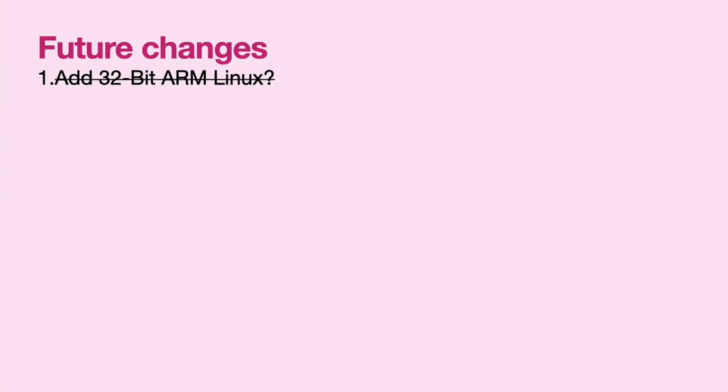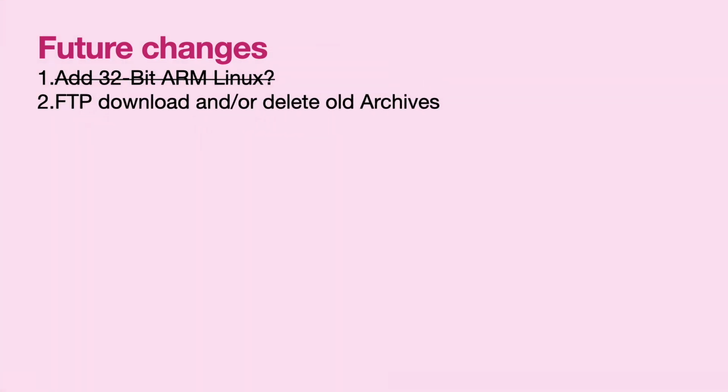What future changes? I was thinking of adding the ability to do 32-bit ARM. That's mainly an issue for people who I think are running the Raspberry Pis, but I think a lot of the latest Raspberry Pis are all 64-bit, and so I probably won't bring out a 32-bit ARM version of Linux. Also, the FTP side of things, you can do an archive and you can do an upload.